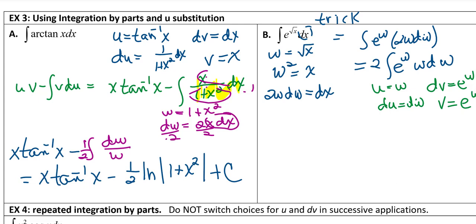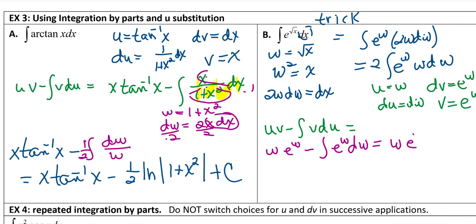So it's going to be uv minus the integral of v du. And so we get our u is w, our v is e to the w, minus, and we're going to be integrating e to the w dw. So we get w e to the w minus e to the w. And then of course our plus c, which we're going to put back in.